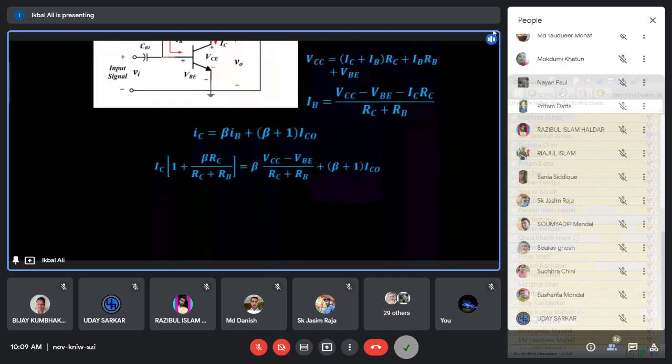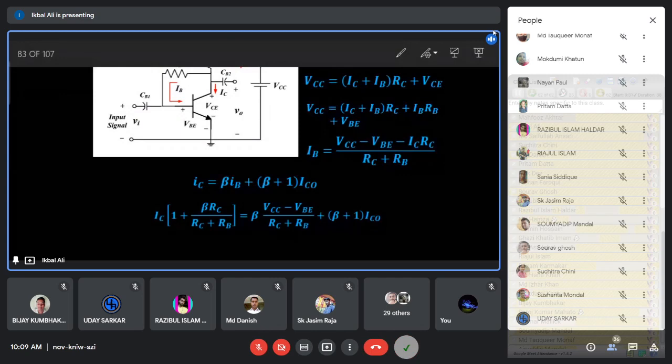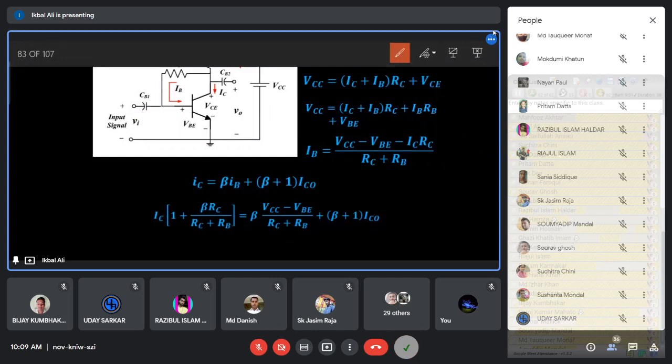Now, after extracting this base current, what is the collector current? This is the fundamental transistor current equation, which contains the amplification factor beta. We have discussed earlier that the collector current IC equals beta into IB plus beta plus 1 into ICO.